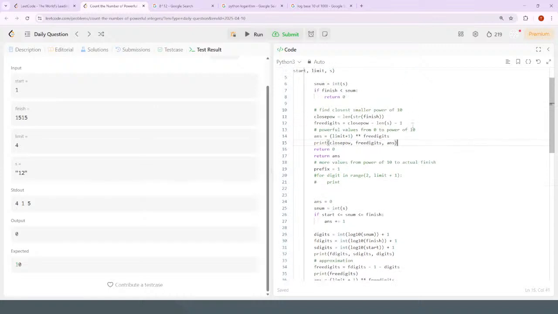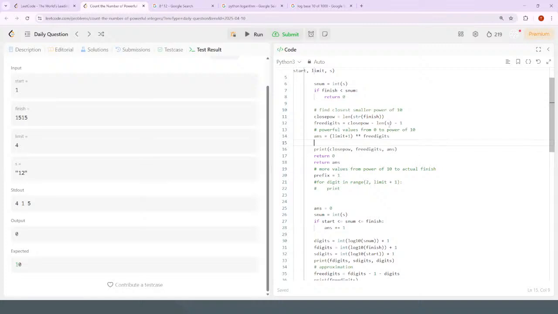So you have your answer based on this, and your answer is going to be multiplied by your starting digit, or the lower bound of your starting digit and your limit.